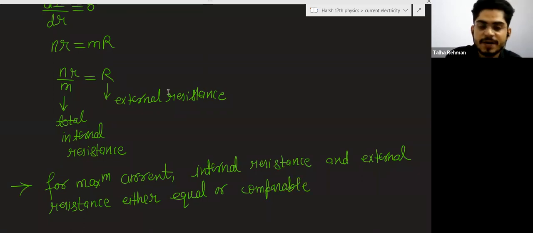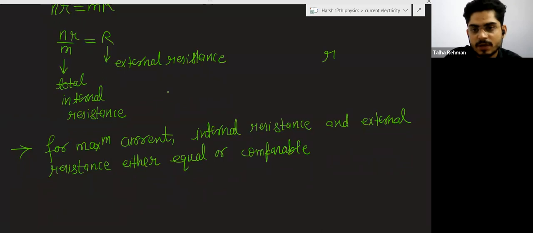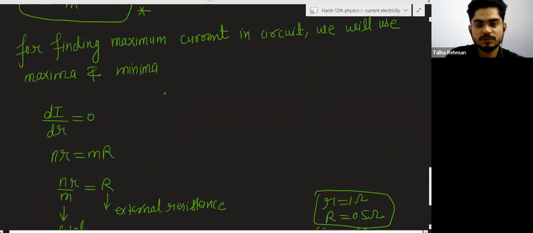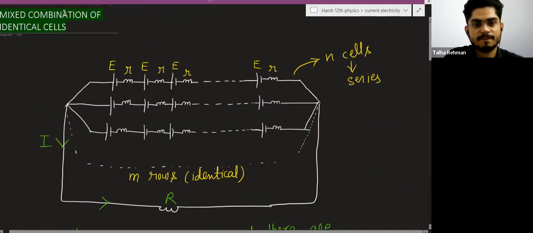Comparable means if you have an internal resistance of 1 ohm and external resistance of 0.5 ohm, then these two resistances are comparable. So just copy this. Yes, sir.